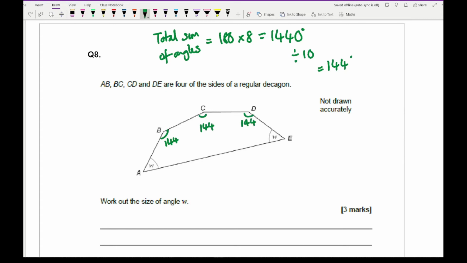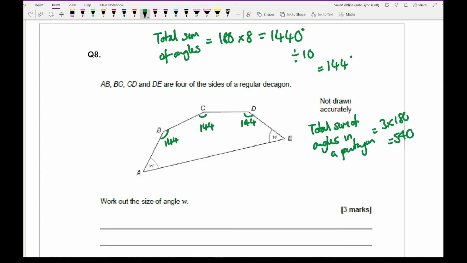Now this shape ABCDE is a pentagon, so all the angles need to add up to the total sum of angles in a pentagon. The total sum of angles in a pentagon is going to be 3 times 180, which is 540.